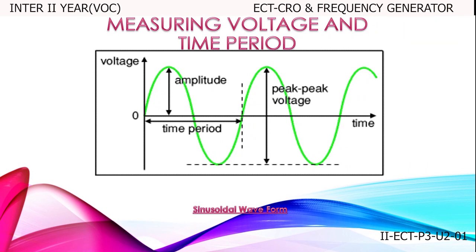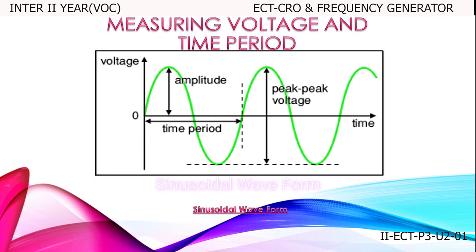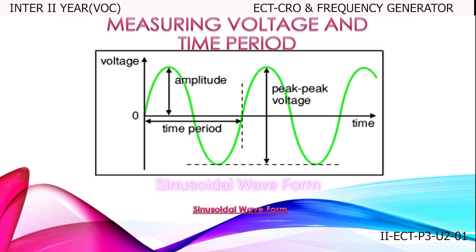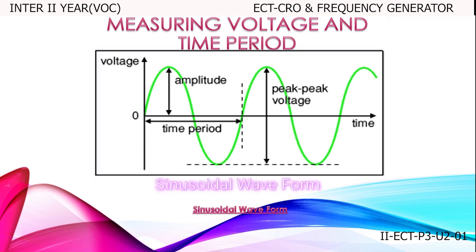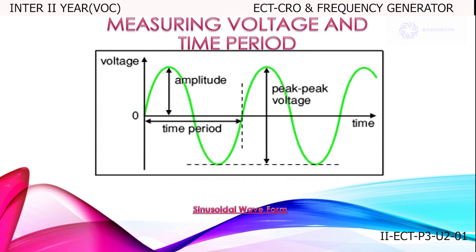This figure gives us the overview of measuring voltage and time period through CRO. CRO is basically an XY plotter, which means it is going to plot a signal on x-axis and y-axis in sinusoidal waveform.